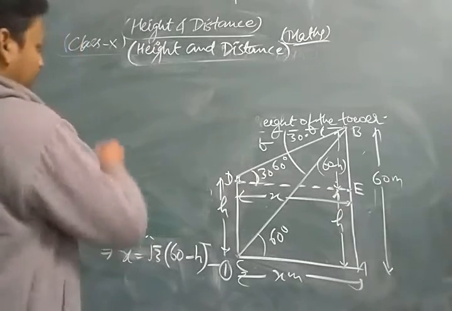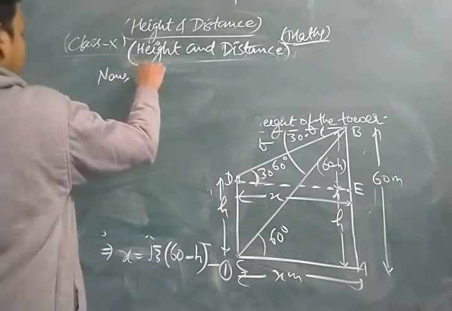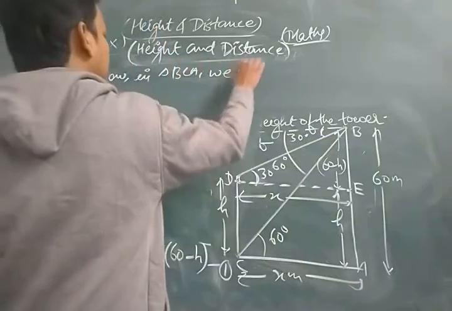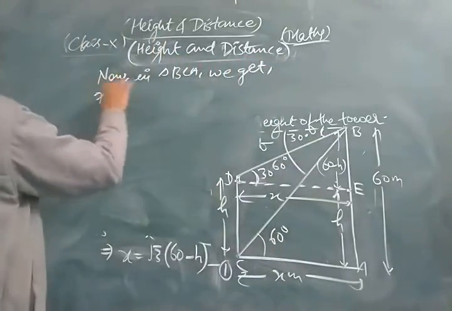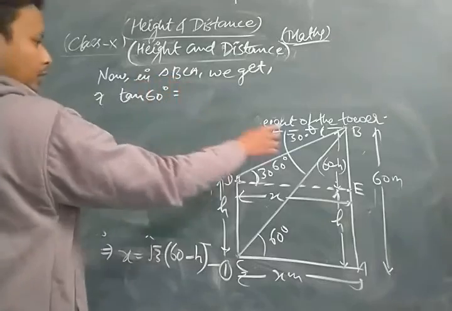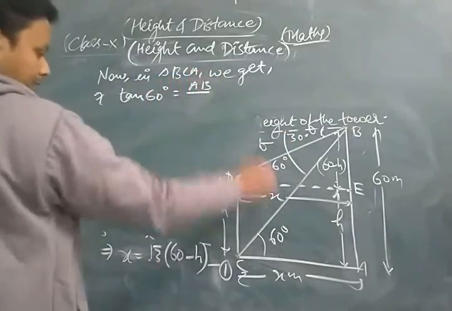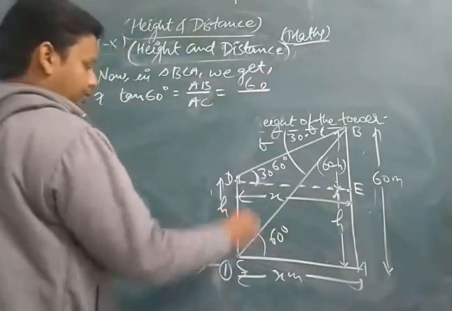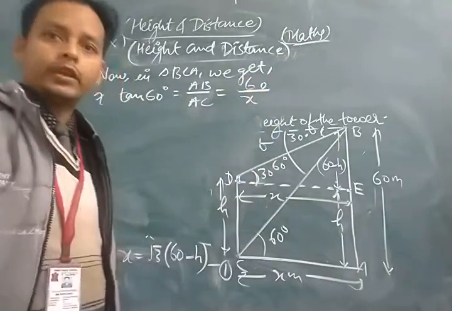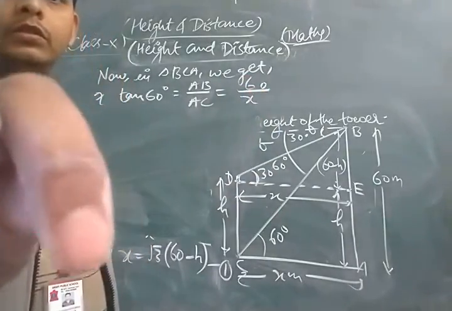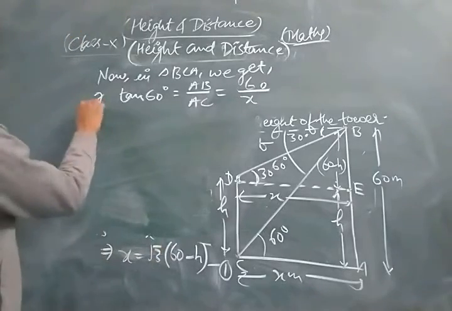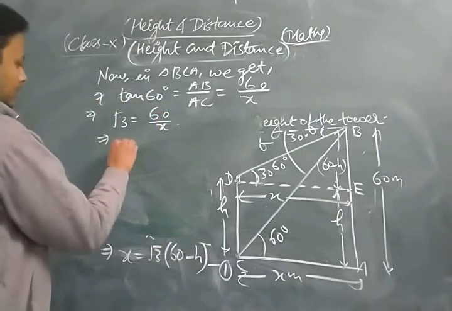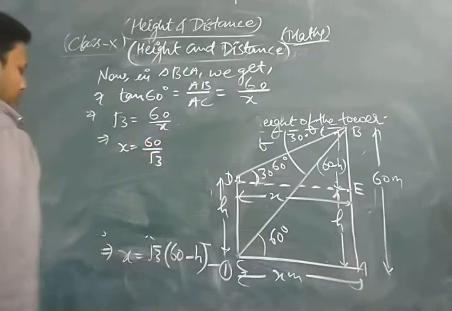Now in triangle BCA we get tan 60 equal to perpendicular upon base. The perpendicular is AB and the base is AC. AB is 60 meters and AC is X. Now tan 60 is root 3, which is equal to 60 upon X. So X is equal to 60 upon root 3.